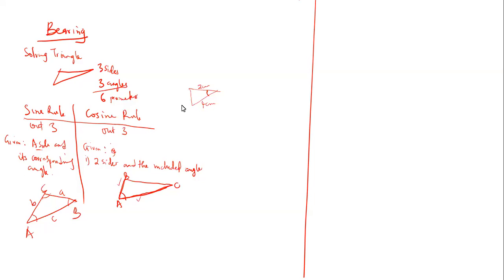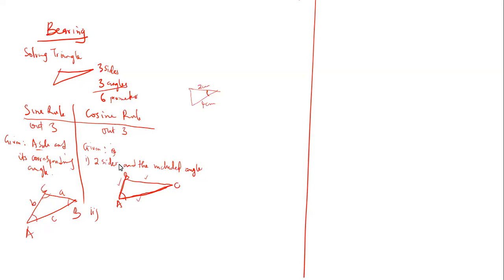Now, I also want to take you through another thing under cosine rule. Sometimes, the first thing you can get is the third side. They are giving us 2 sides, so the third side is very easy for us to get. Another way in which you can apply cosine rule is if you have been given all the 3 sides.